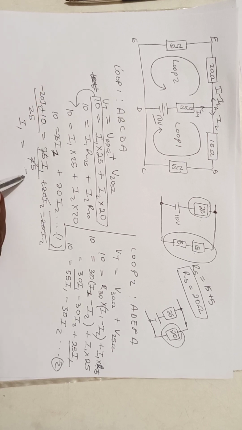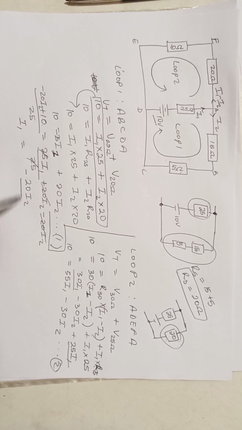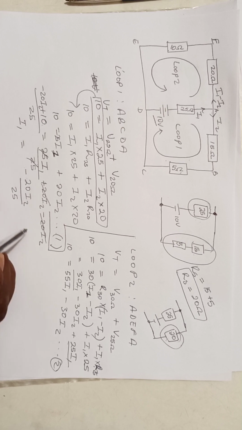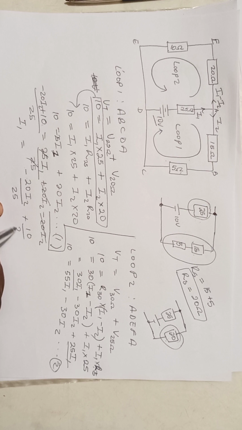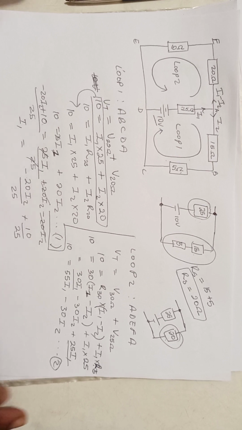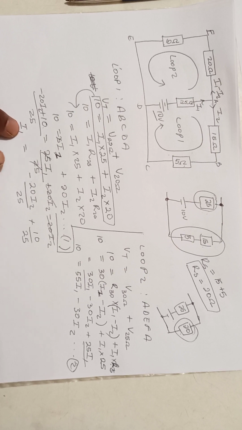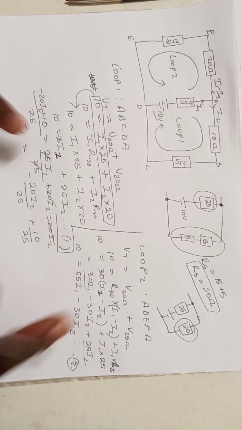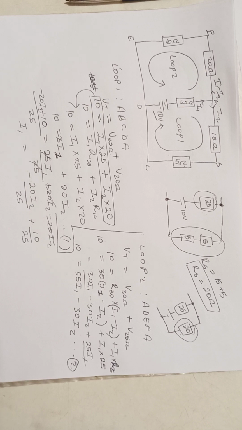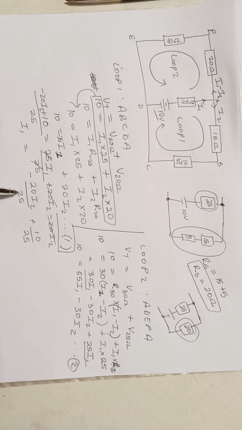So we would say minus 20 I2 divided by 25 and plus 10 divided by 25. So now we can take I1 and substitute I1 there. So let's do that. But before that, I like to simplify this.